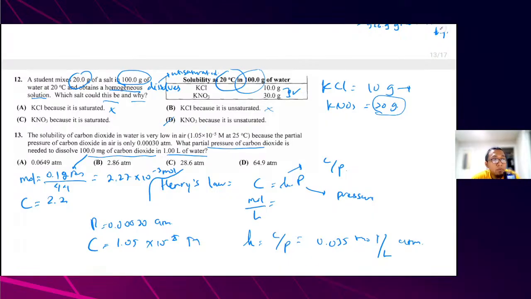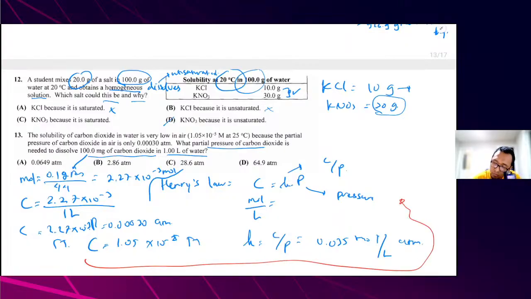We need to look at C first. C is mole per liter. So C is 2.27 times 10 minus 3, and we have 1 liter of water, so C is 2.27 times 10 minus 3 M. Now let's move on to get the partial pressure.